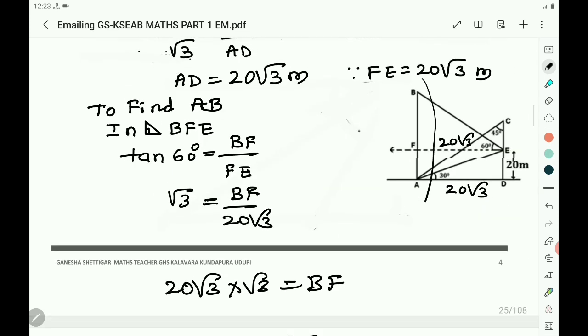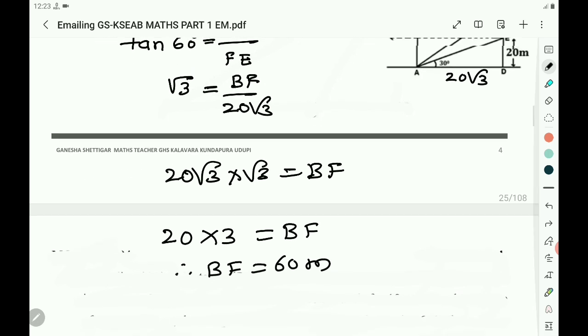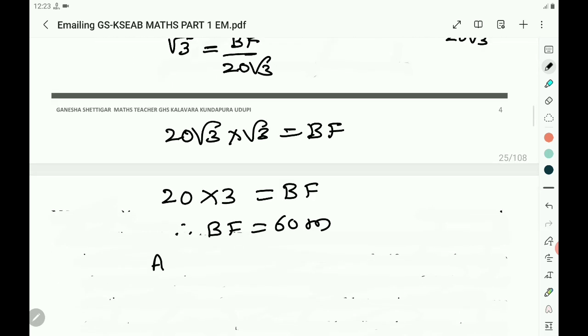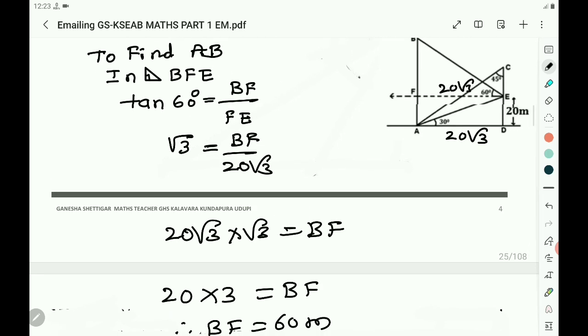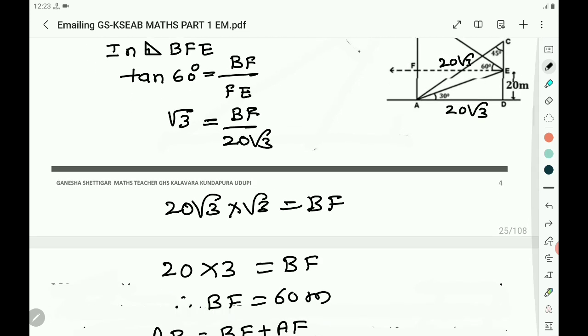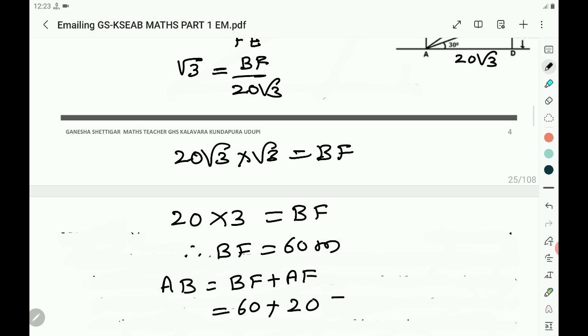Then what is AB? AB is equal to BF plus AF, which is equal to, BF is 60. Here AF is equal to ED. Therefore, you write 60 plus 20 equals 80 meter.